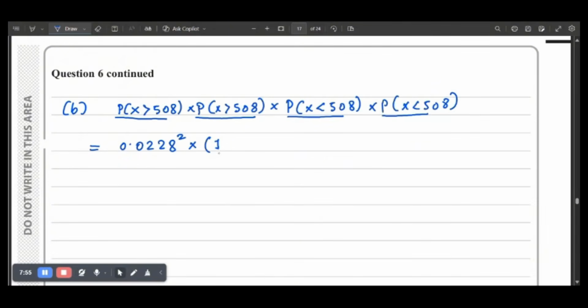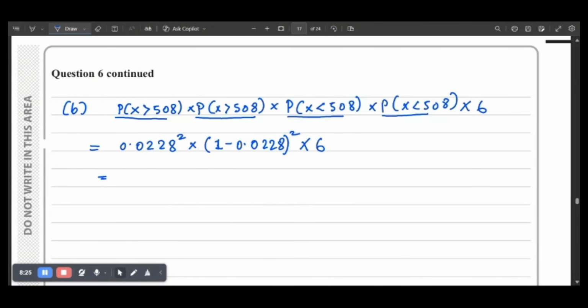So the probability that x is less than 508 is 1 minus 0.0228, whole squared. This gives us the probability for one of the combinations. There are six possible combinations for this, so we have to multiply the probability by 6.